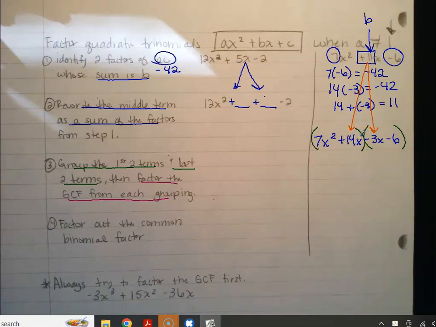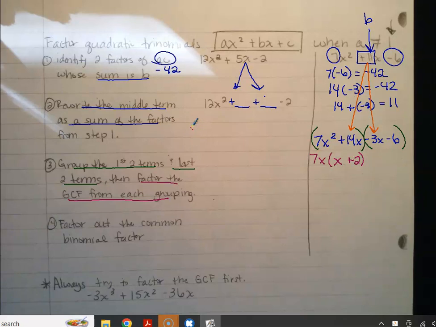The number 7, and they both have an x. So Brandon, 7x squared divided by 7x gives me what? Just x. Okay, good. How about 14x divided by 7x? It would give me 2, so this would be x plus 2.